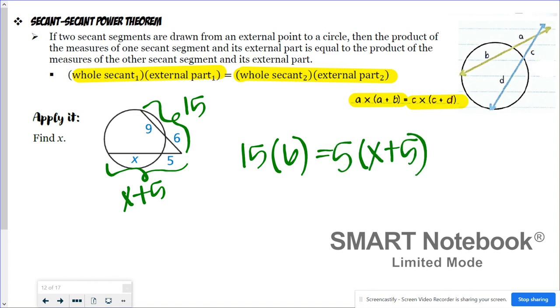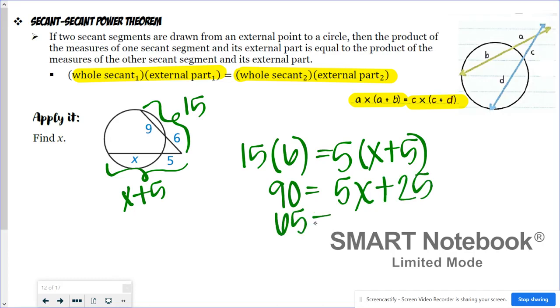And then I'm just doing this math. Okay, so 15 times 6 gives me 90. So 90 is equal to 5x plus 25. And then I'm just doing some algebra to solve this. So 65 is equal to 5x, thus x is going to be 13.